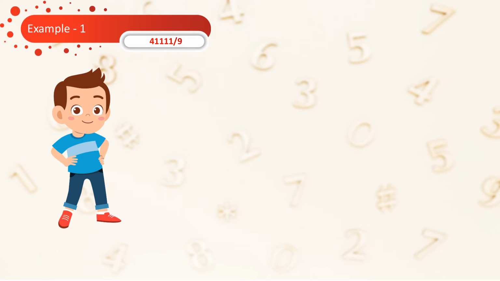So the first example that we are going to take is to divide the number 41,111 by 9. The first step here is we write down the number 41,111 and we put a shade on the unit digit, which is 1 here, to indicate that the remainder is going to come in the last level of the answer.